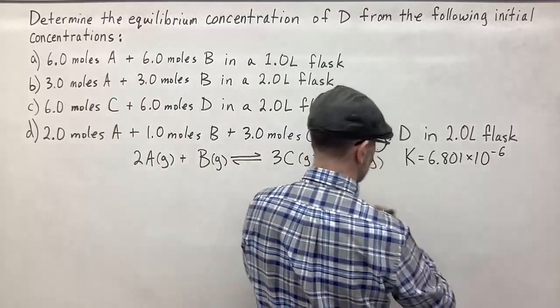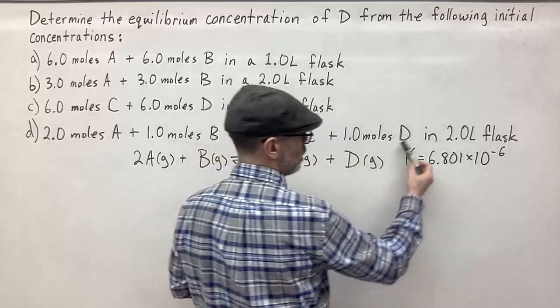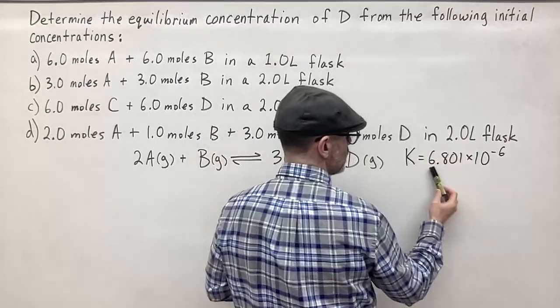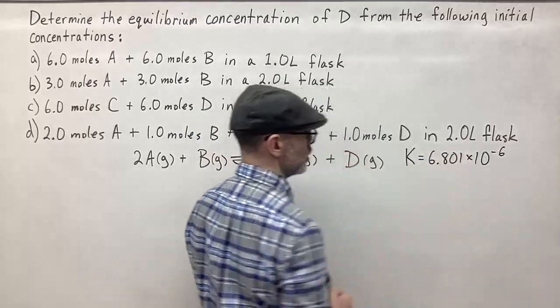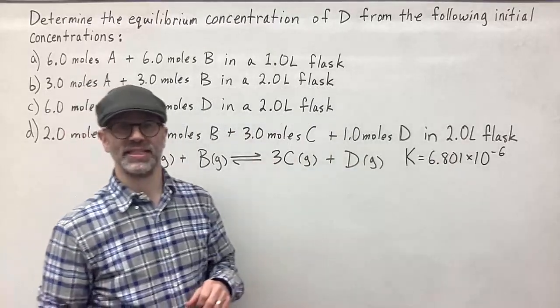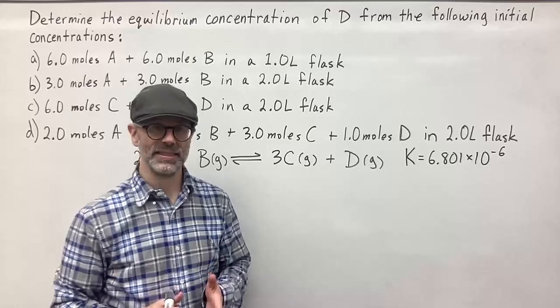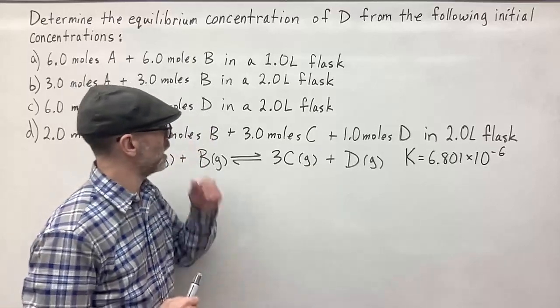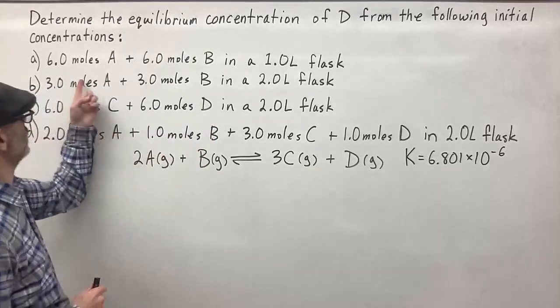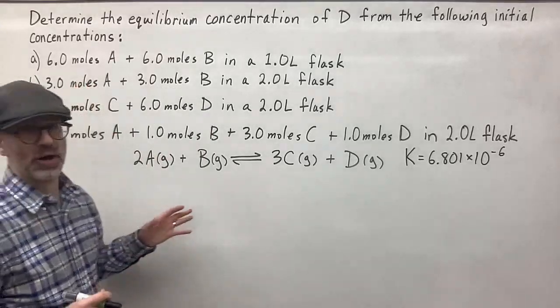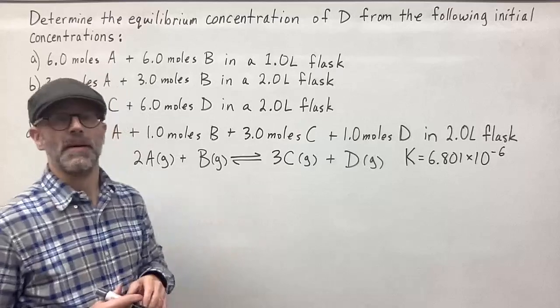The KC here is 6.801 times 10 to the negative 6, and that's a very small K value compared to the concentration we're starting with. So let's go ahead and calculate the concentration.